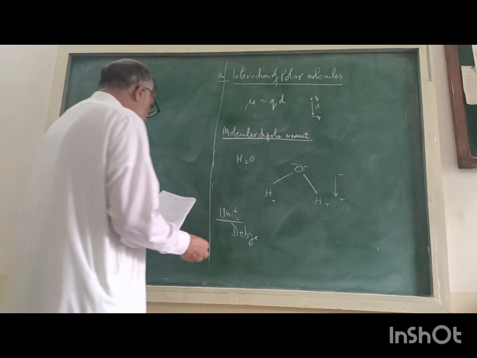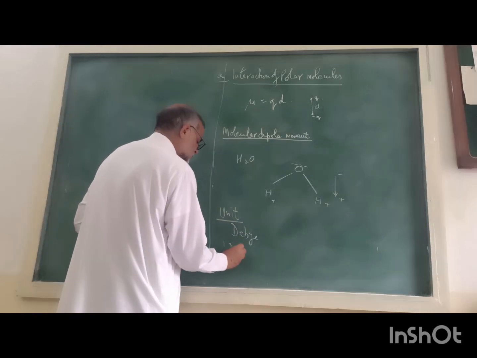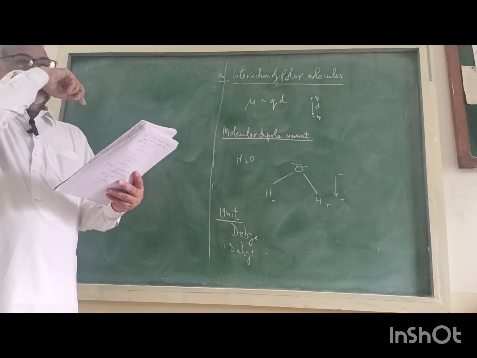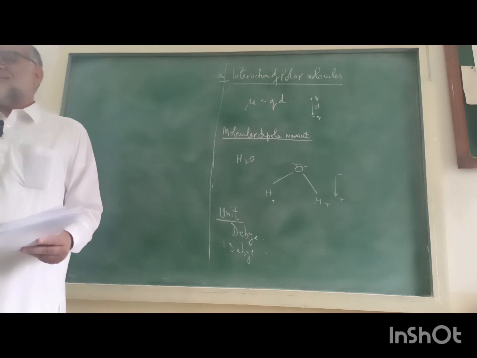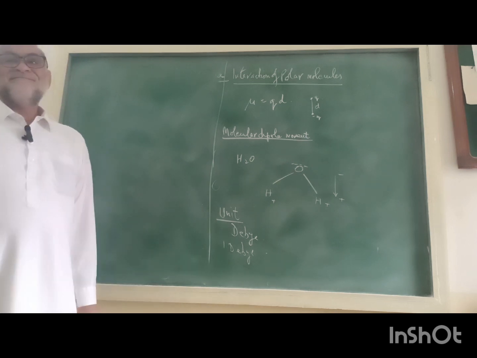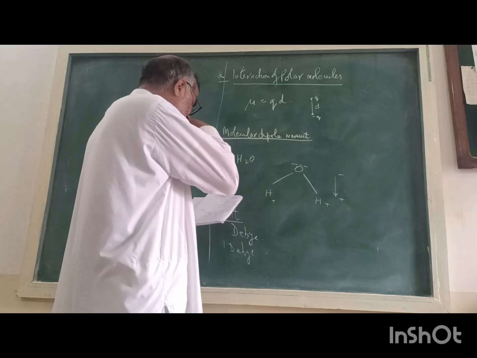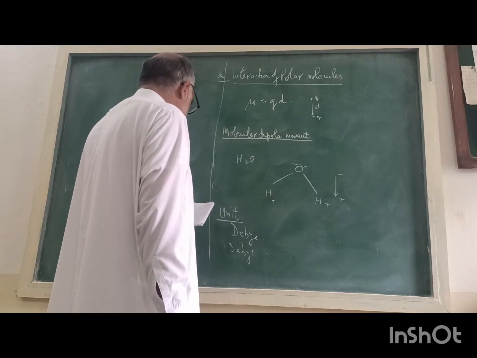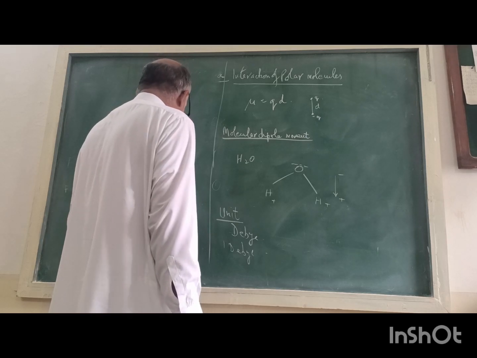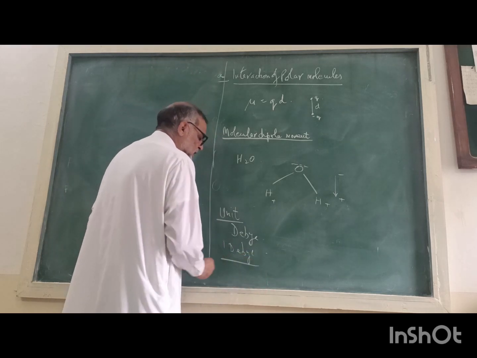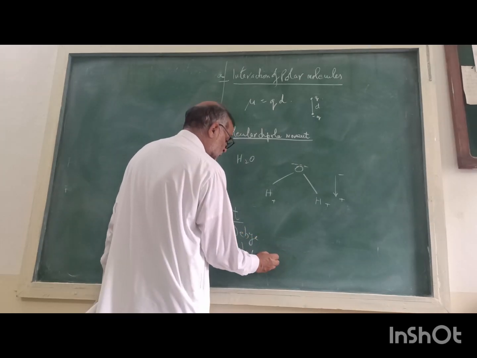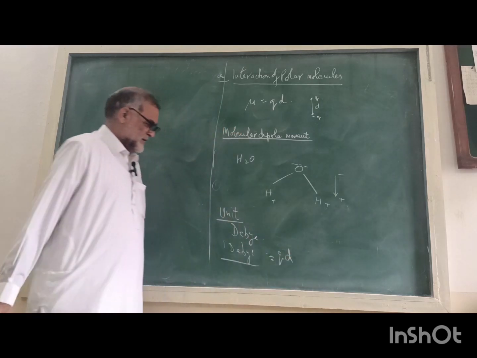And 1 debye is the dipole moment of a charge of 1 statcoulomb, and a statcoulomb is 10 to the power minus 10 statcoulomb. Debye is the electric dipole moment of a charge, I would say it is Q times d.